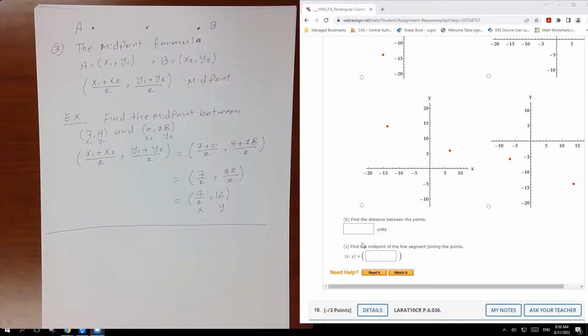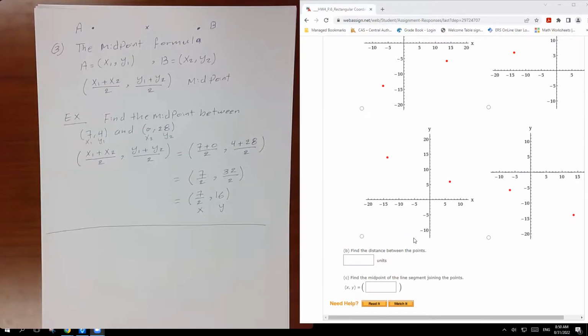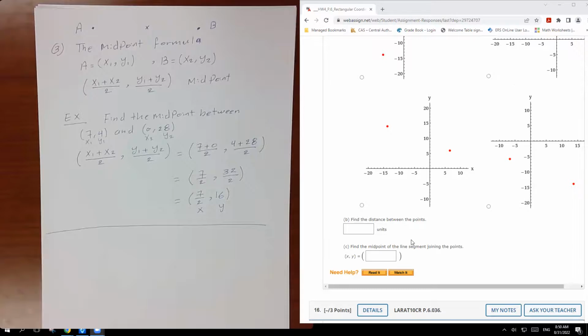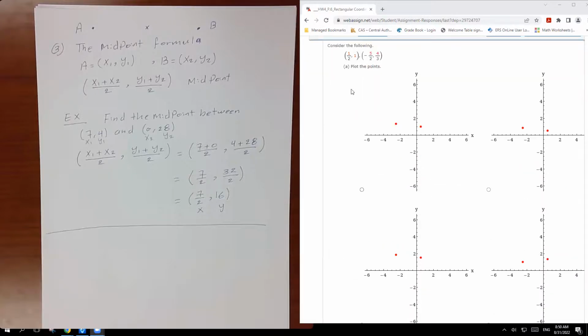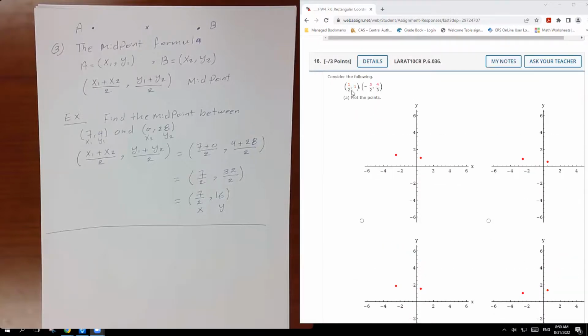Then the third part is to find the midpoint. Also, you're going to use the midpoint formula. I think I have 2 examples, exactly the same thing. How are you gonna graph or figure out the location on the coordinate plane if you have a fraction?